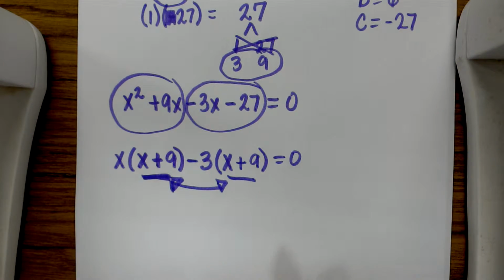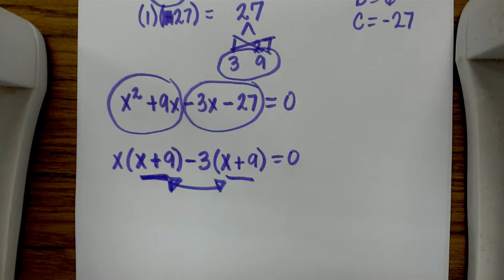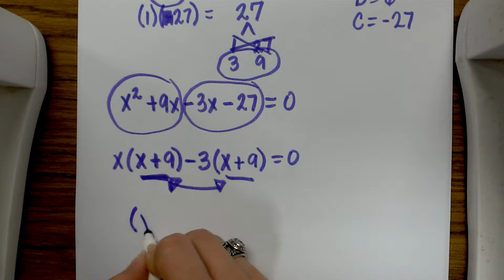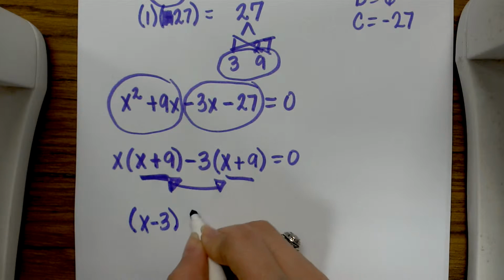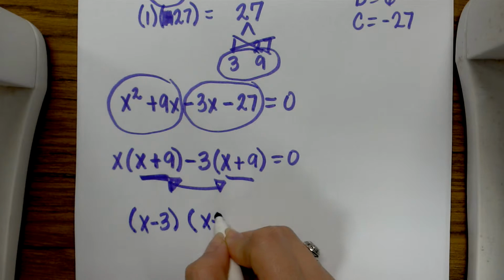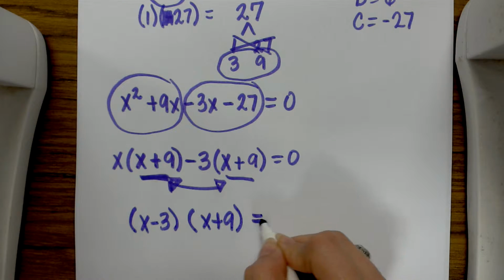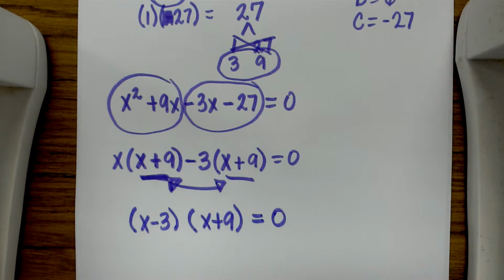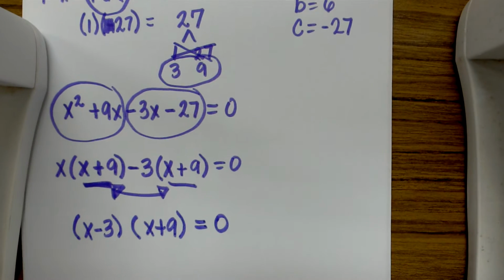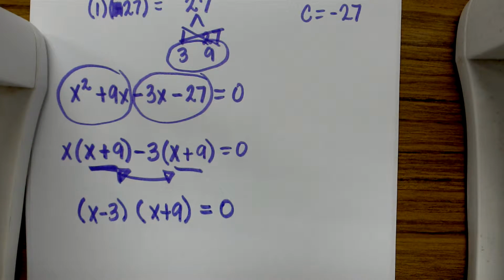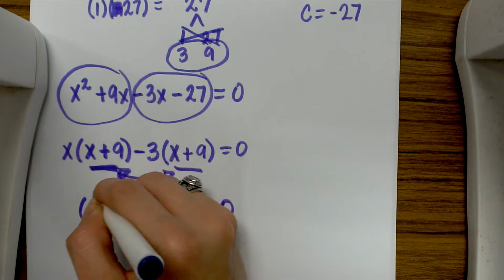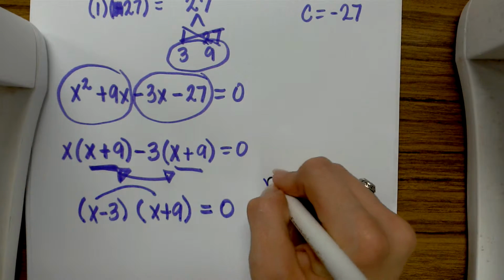So now, once we've taken care of that, we're going to rewrite it. So we have x minus 3 and x plus 9. We're multiplying them together and setting them equal to 0. If I were to FOIL these, let's double check our work and make sure this is working correctly. I'm going to do my first. It comes out to x squared.